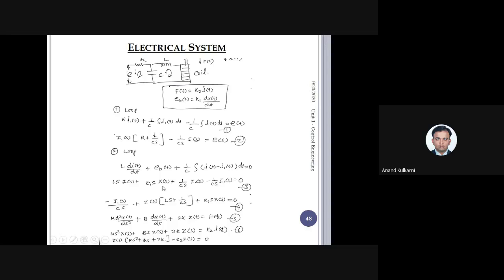So K1 into X of S plus 1 upon Cs, because integration is there, divided by S, I of S minus I1 of S. 1 upon Cs, I1 of S, both I have written separately, and there is no voltage supply here, so it is equal to 0.